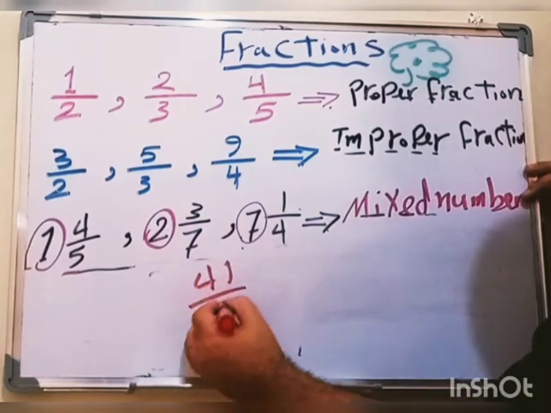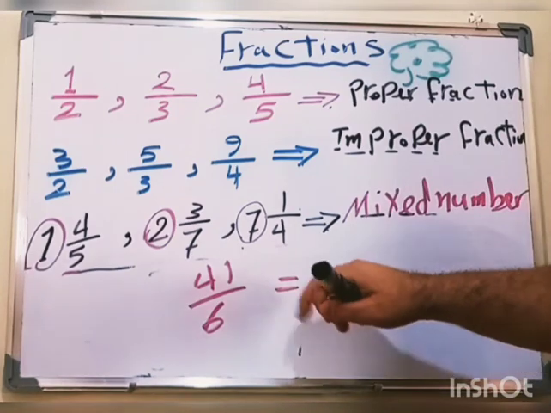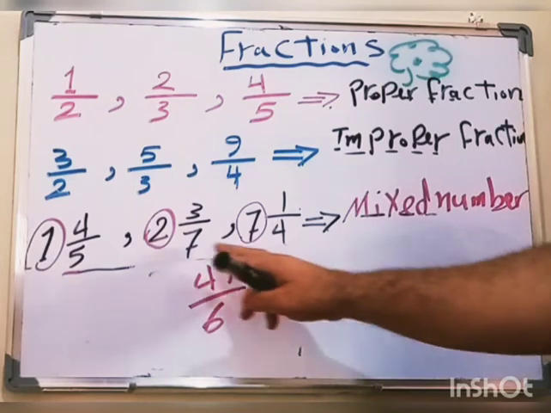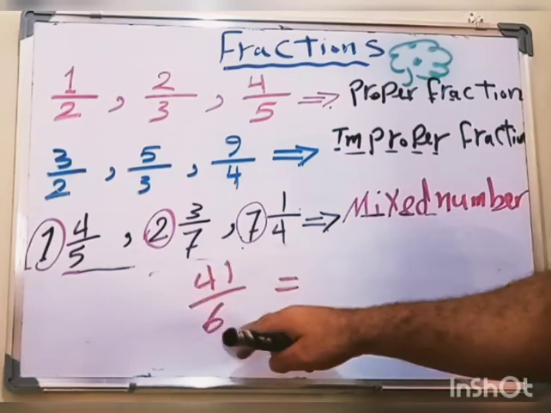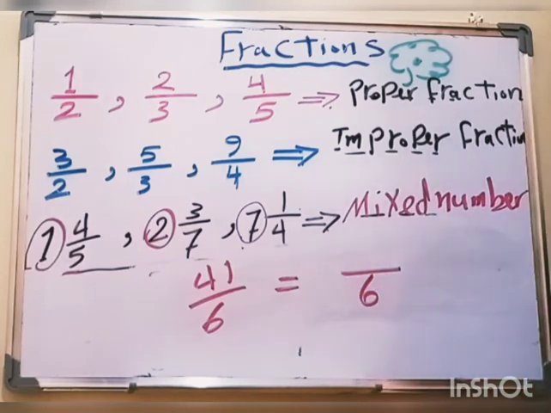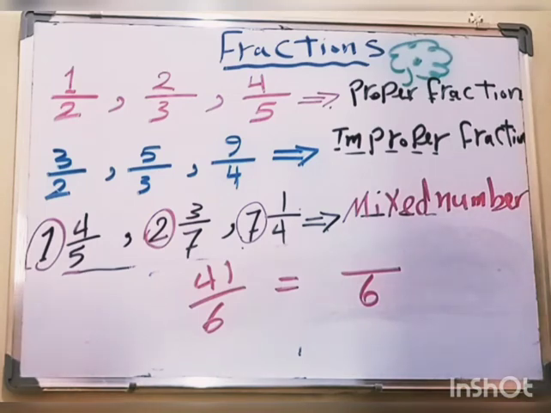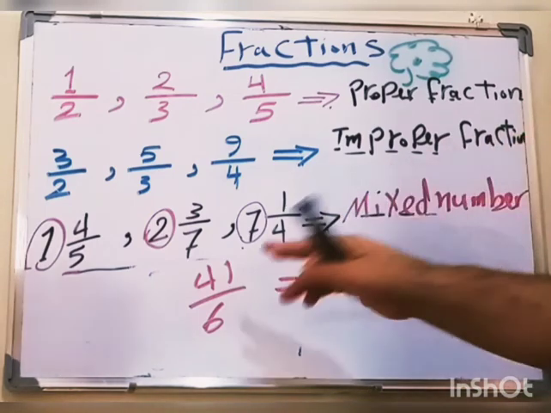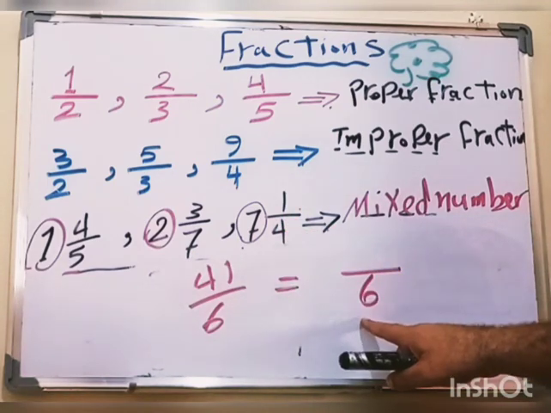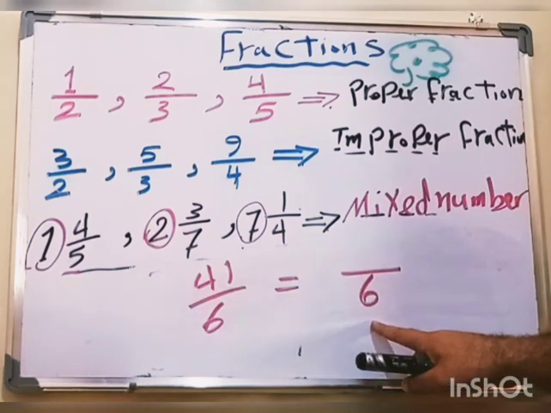41 over 6. This fraction is called an improper fraction. Why, guys? Because the numerator is bigger than the denominator. And we want to change the improper fraction to a mixed number. Put the denominator as it is. And ask yourself, in the table of 6, what times 6 gives a result closest to 41 and less than 41? 5 times 6, 30. More. 6 times 6, 36. 6 times 7, 42. Stop. 42 is bigger.